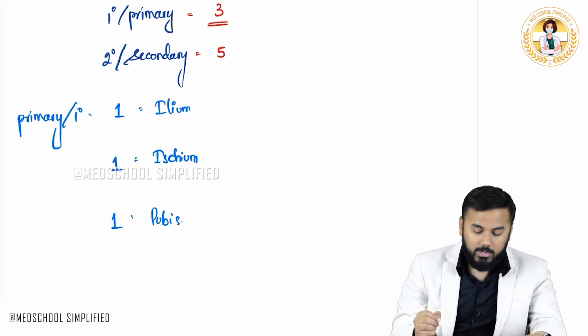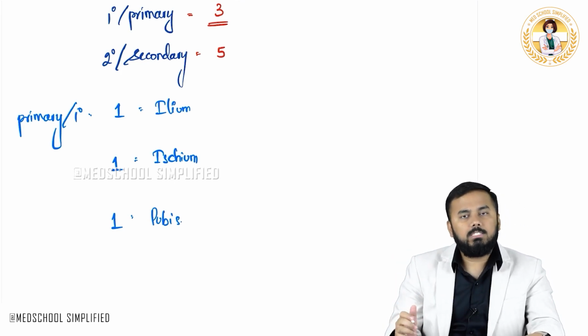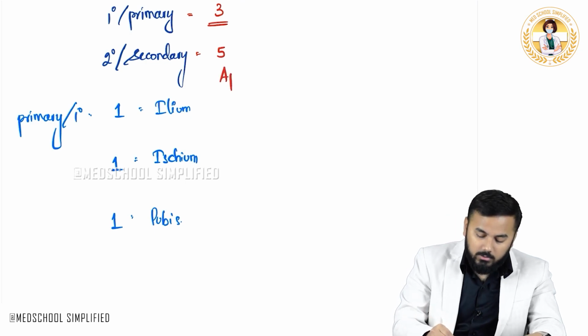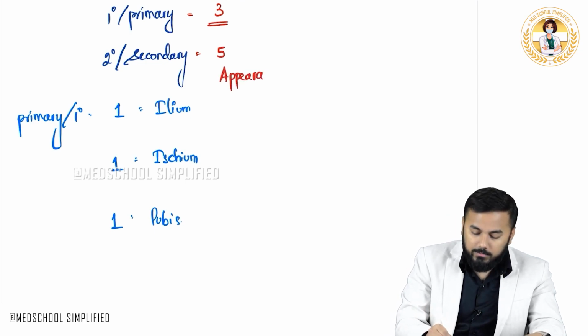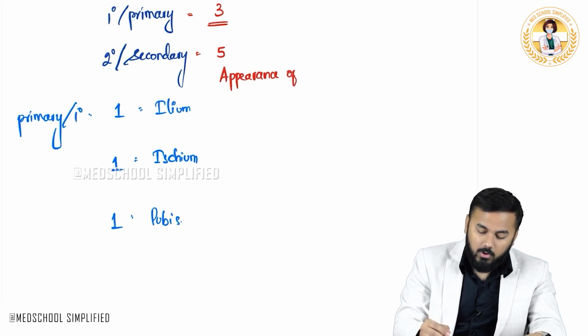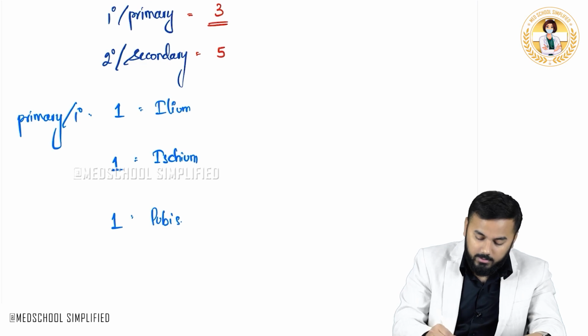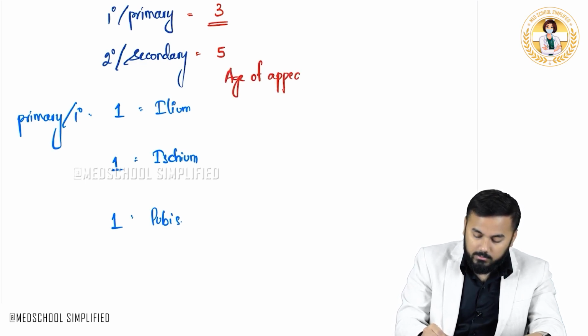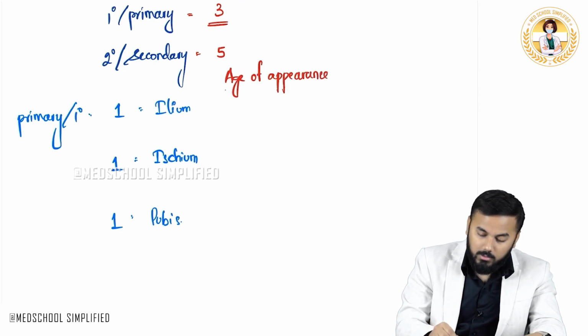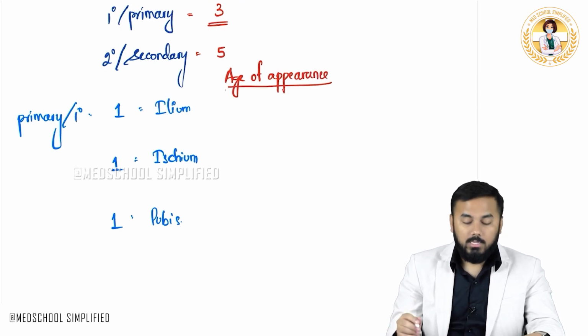Now, a very important thing is when these ossification centers appear. That we have to discuss. So, the appearance of the ossification center: at what age did it appear? The age of appearance.